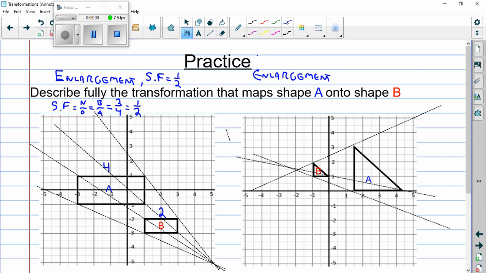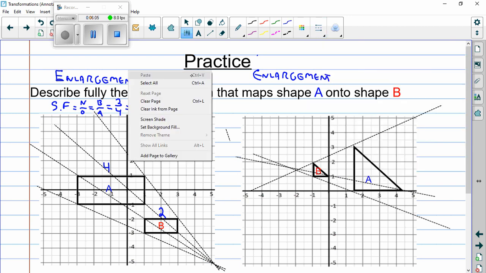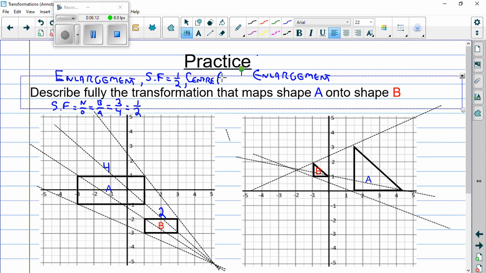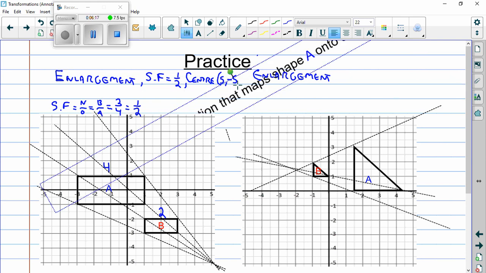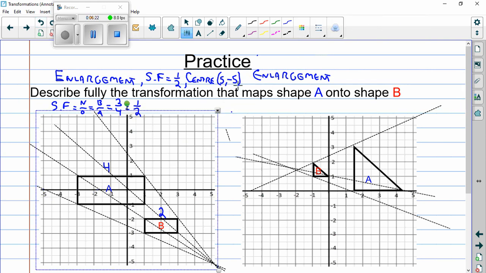On our leftmost diagram, we can see that the center is at 5, -5. And on our right shape, the center is at -2, 1.5.